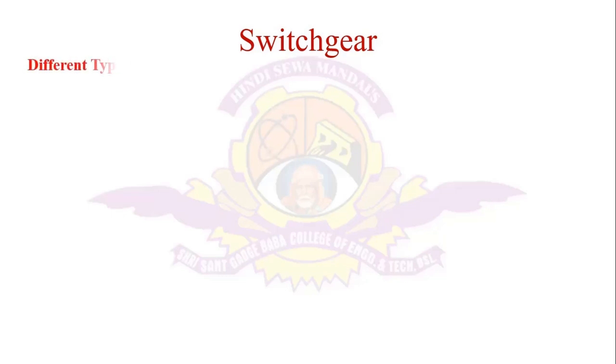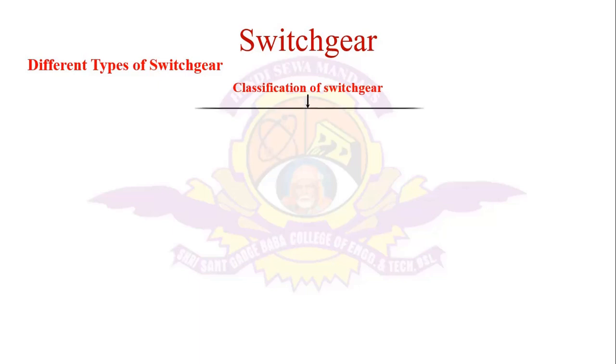Different types of switchgears are used here, so we are going to see the classification. All the switchgears are classified into different groups depending upon the voltage levels. Briefly, we are considering two voltage levels.